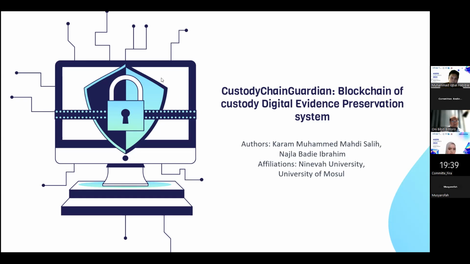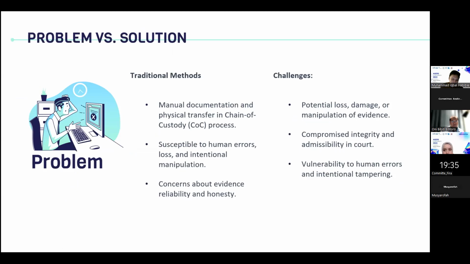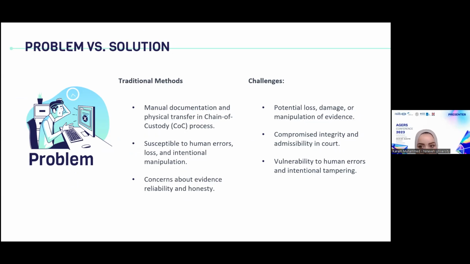As we delve further into our research, it's important to lay the groundwork by understanding the problem and solution of our paper. The problem starts with traditional methods of digital evidence preservation.